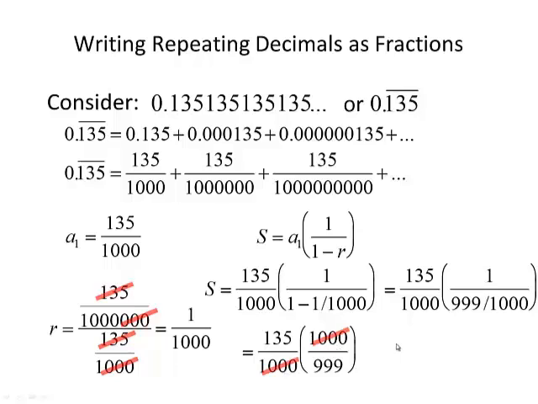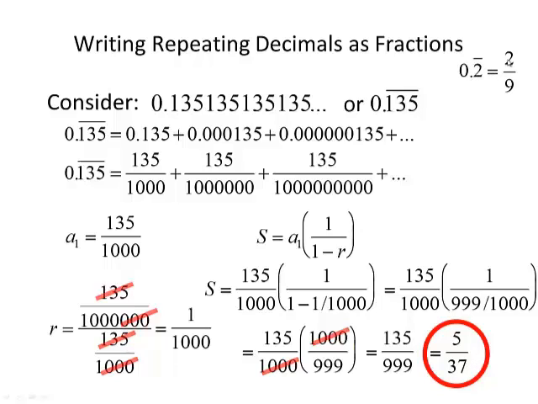Cancel the thousands, and we get 135 over 999. A lot of people think this is too confusing, so I offer you a shortcut where we don't use the formula, but just use an algorithm. By the way, 135 over 999 reduces to 5 over 37.